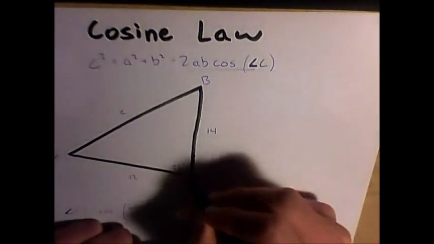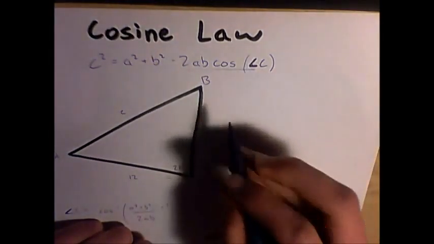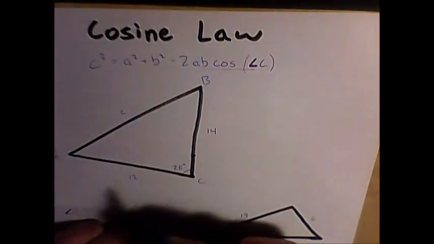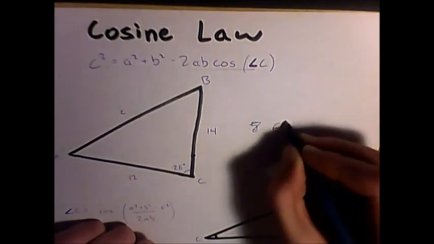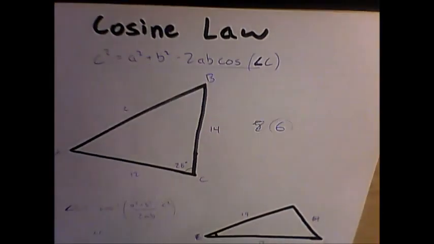So here we plug in 25 to equal angle C, we plug in 14 to equal either A or B, it doesn't matter in this case, and we plug in 12 to equal either A or B. And once we punch this through a calculator, we find it to be 6. And that's how we use the cosine law to find side lengths.